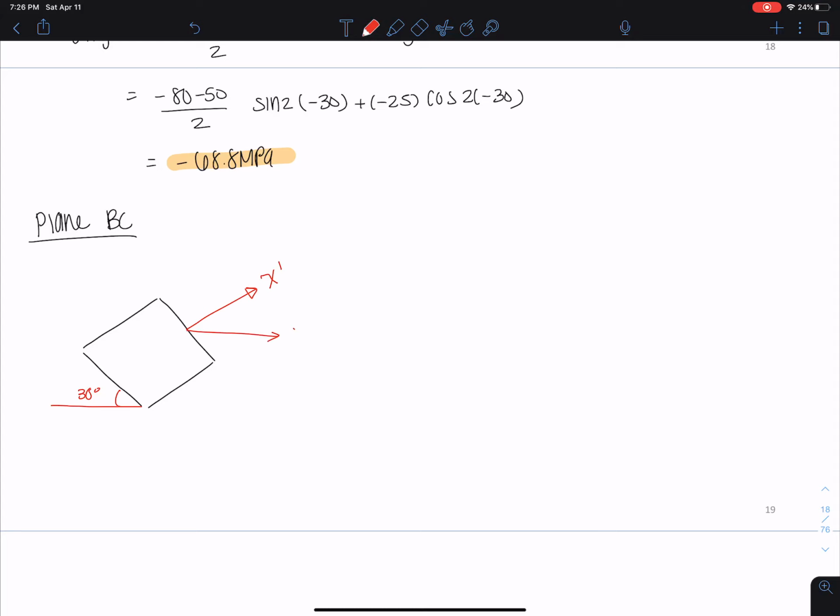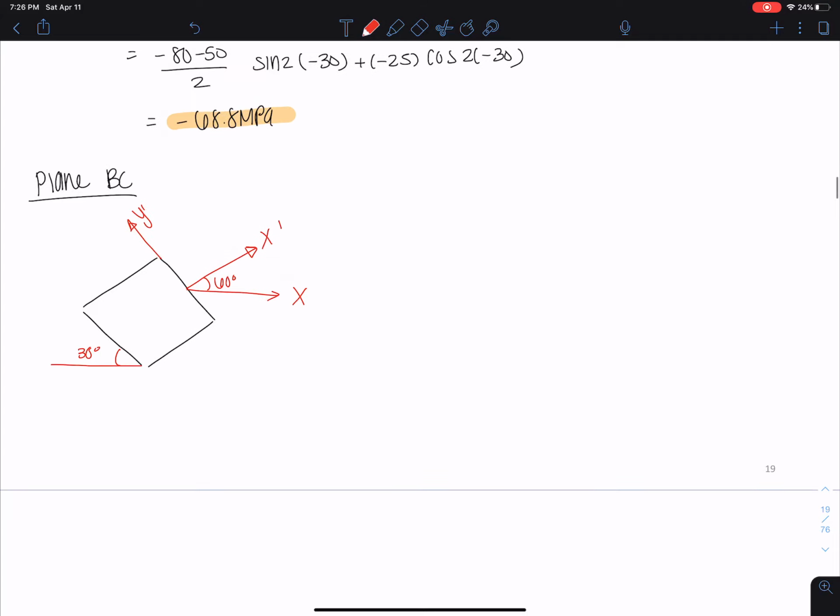This now would be our x, and here we'd be rotating counterclockwise 60 degrees, and now our y prime would be in this direction. So we're just basically checking to see what this would be for plane BC.